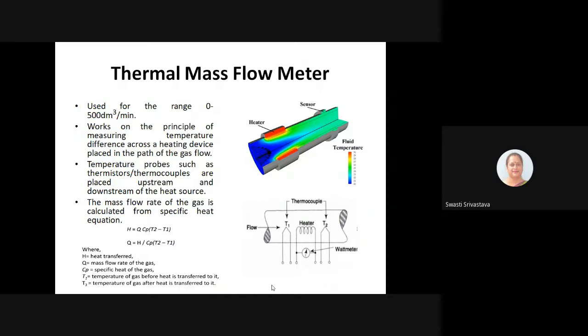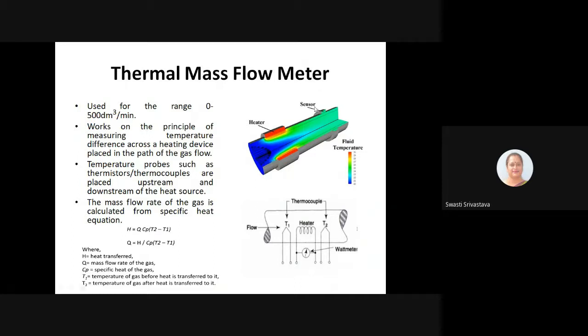These instruments have a plus minus 1% full scale accuracy, and they work on the principle of measuring a temperature difference across a heating device placed in the path of the gas flow.